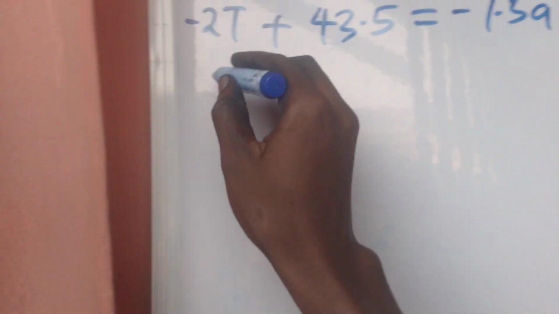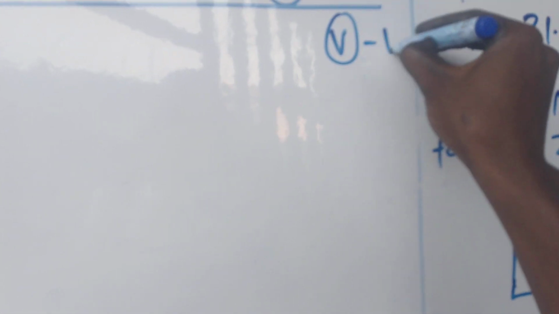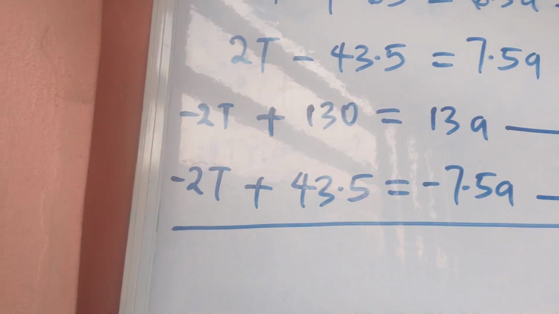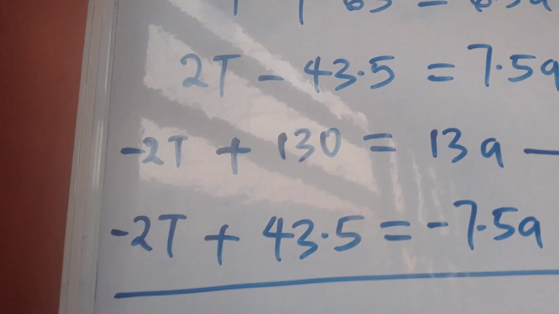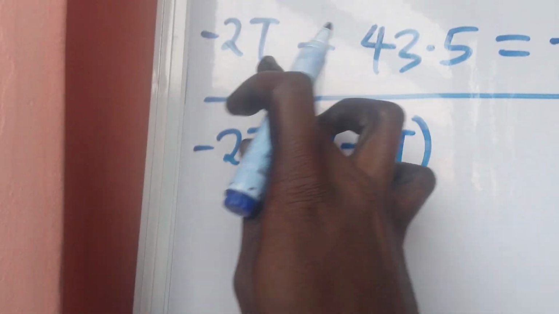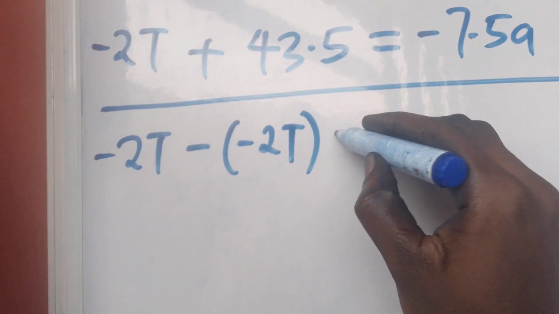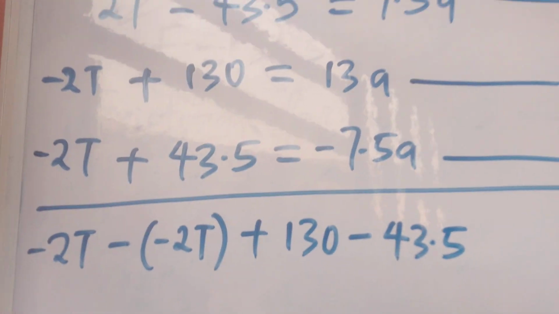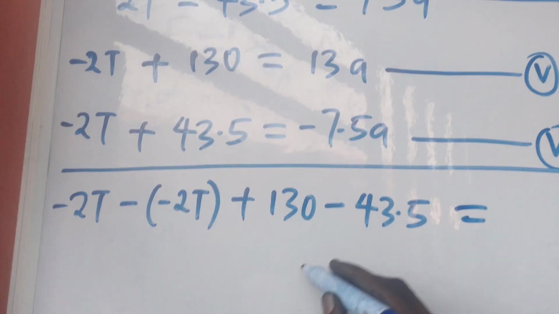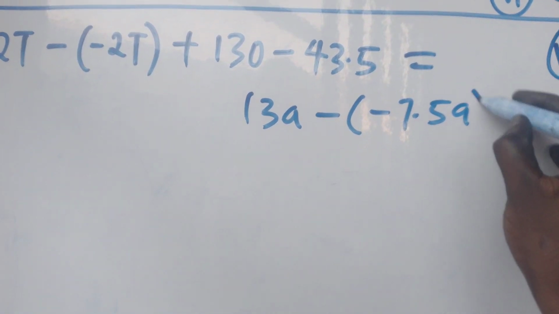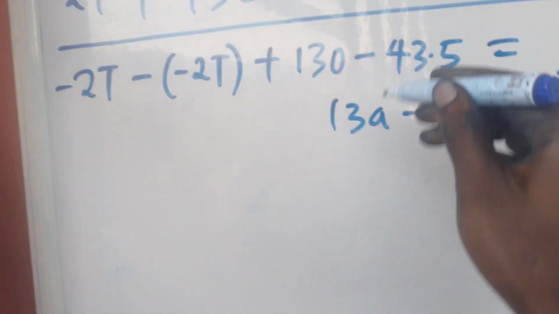Okay, so at this point I can say equation 5 minus equation 6, subtract 6 from 5. This will be minus 2T minus 2T, I subtract this from this, plus 130 minus 43.5 equals 13A minus 7.5A.